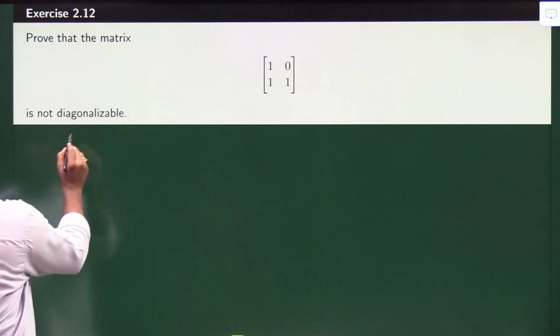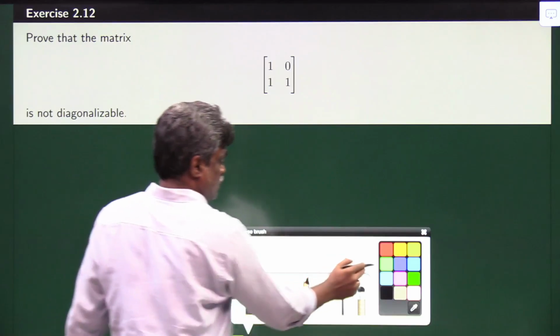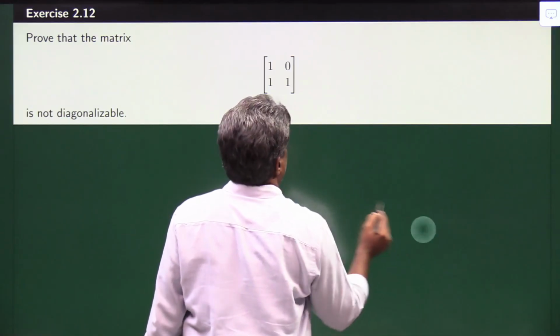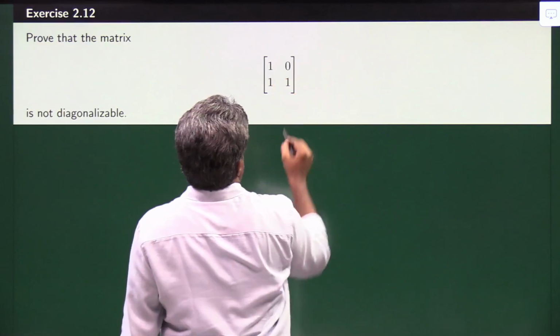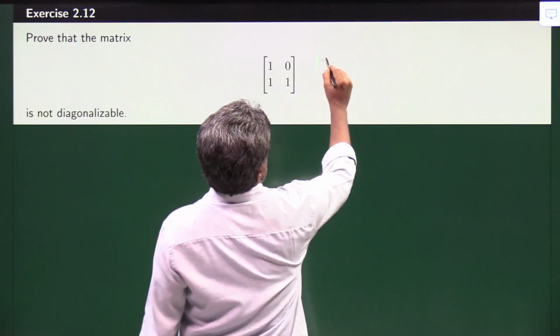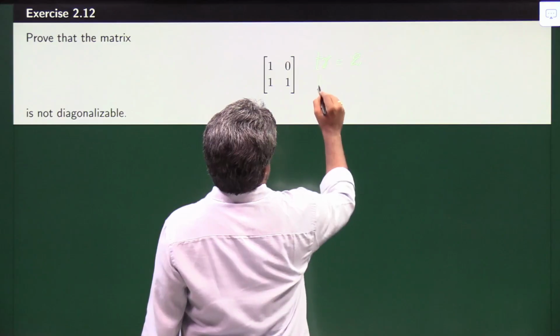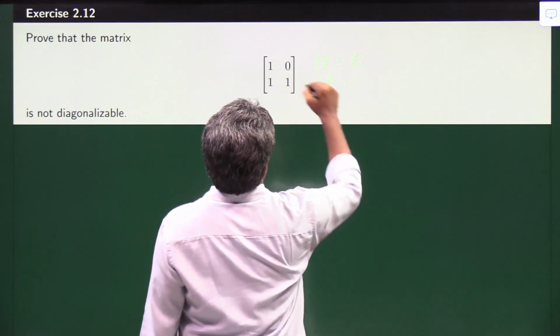Now here the matrix given is 1, 0, 1, 1. So for example, if you find the eigenvalues for this, the trace is equal to 2, and the determinant is equal to 1.